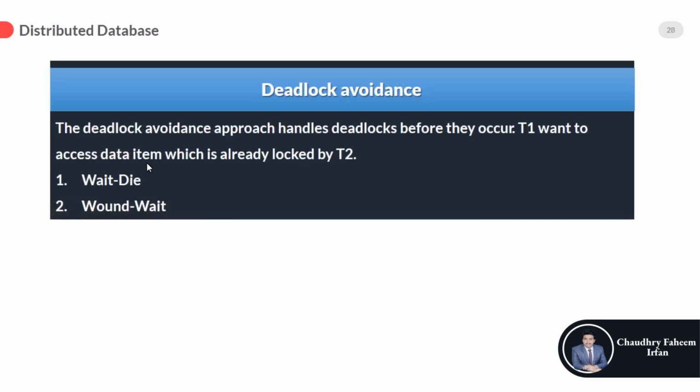And the next one is deadlock avoidance, which is maintained by two steps. The deadlock avoidance approach handles deadlocks before they occur. Suppose T1 wants to access a data item which is already locked by T2.